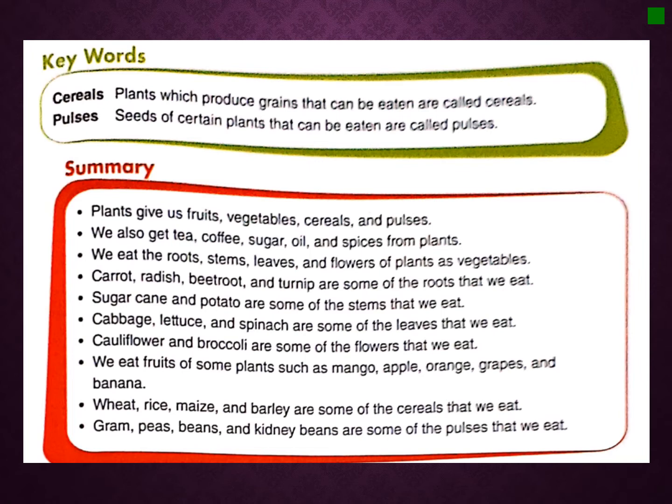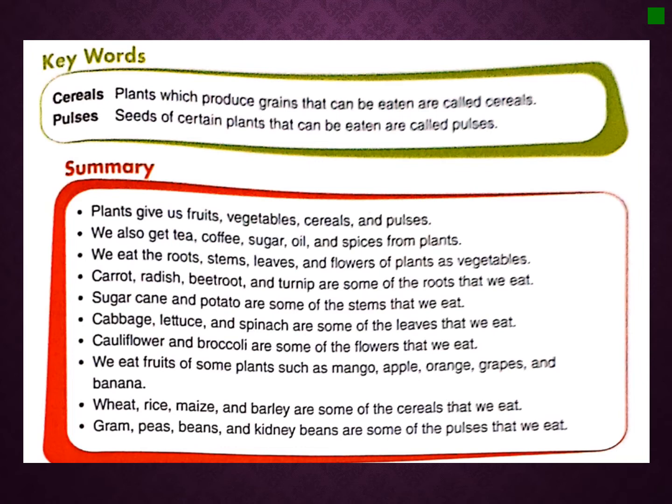Carrot, radish, beetroot, and turnip are some of the roots that we eat. Sugarcane and potato are some of the stems that we eat. Cabbage, lettuce, and spinach are some of the leaves that we eat. Cauliflower and broccoli are some of the flowers that we eat.